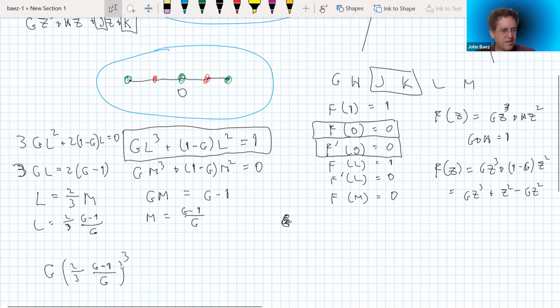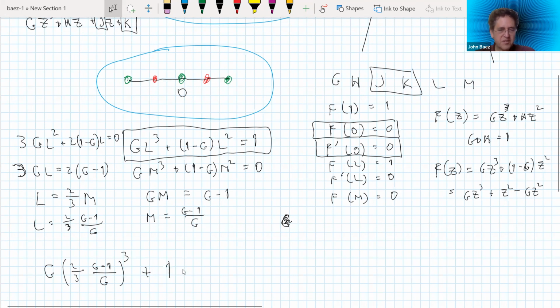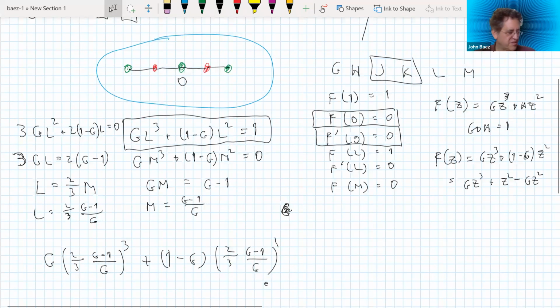Why is it so complicated? You've got a fraction there. Maybe it'll somehow work out. Plus 1 minus G times 2/3 of G minus 1 over G, squared, equals 1. Can you grind that out?